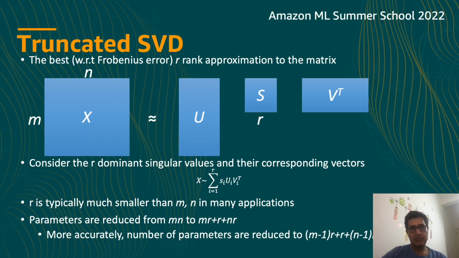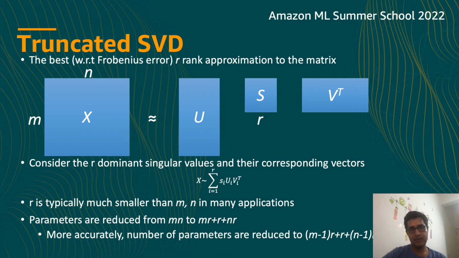So you have an m cross n original matrix X, which gets represented in terms of an m cross r, an r cross r, and an r cross n matrix. And typically r is much smaller than m and n in most applications. Okay, so that's why you can count the number of parameters that exist. There are m times n parameters here.